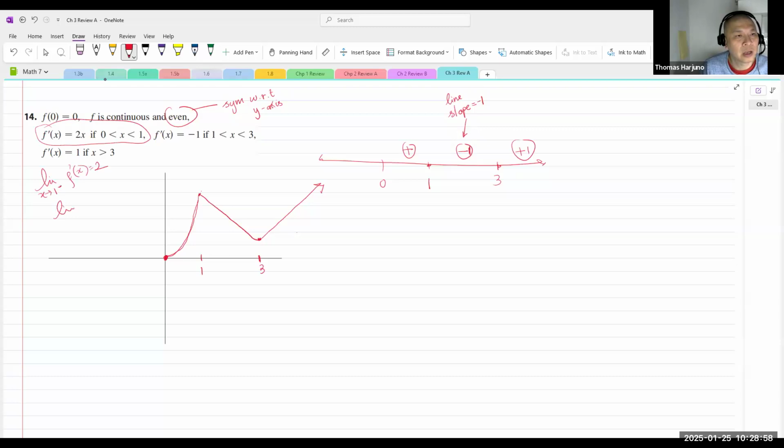However, limit as x approaches 1 from the right-hand side of f prime of x is negative 1. So we know there's a corner there, but it has to be continuous. Remember, it says it's continuous. Likewise for what I did there. So we know what happened on the right-hand side. Now what do you do with the left-hand side? What I do with the left-hand side, I copy paste this.